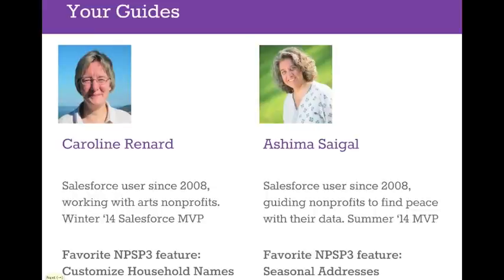Her favorite Nonprofit Starter Pack 3.0 feature is customizing household names, which is pretty darn cool. And I'm a summer 2014 MVP, I just got in. Congratulations. Thanks, Caroline. My favorite Nonprofit Starter Pack 3.0 feature is seasonal addresses. It's pretty cool.